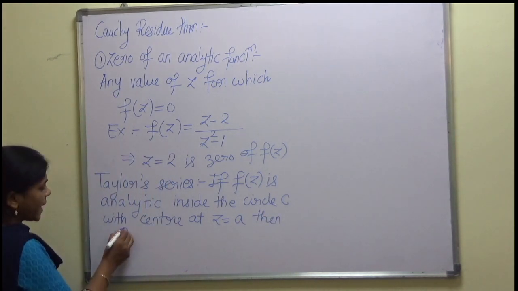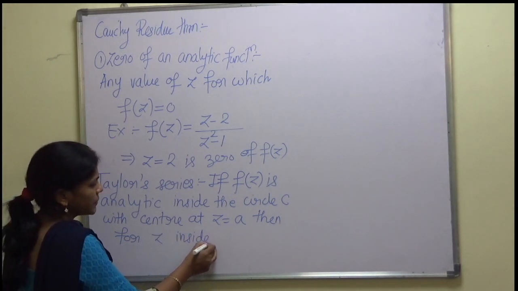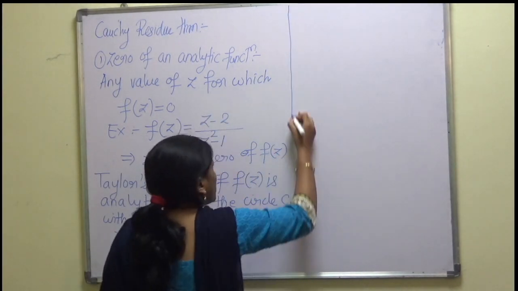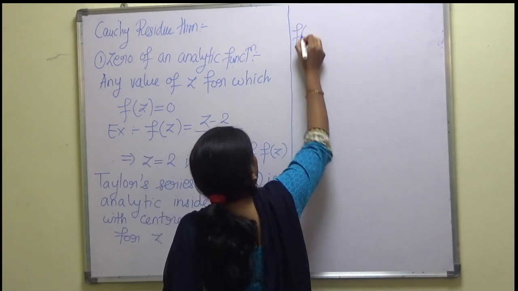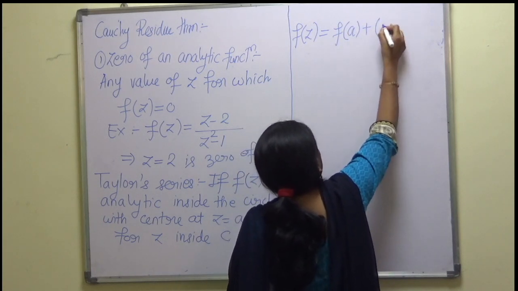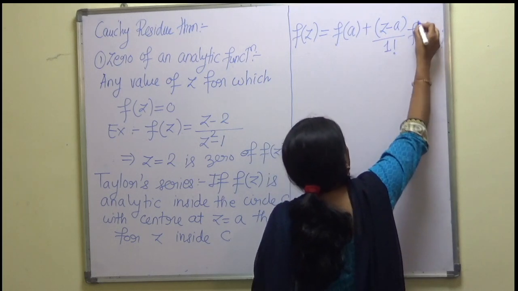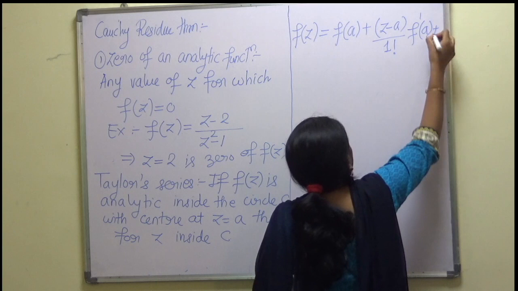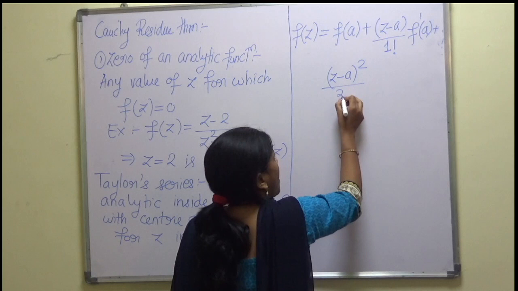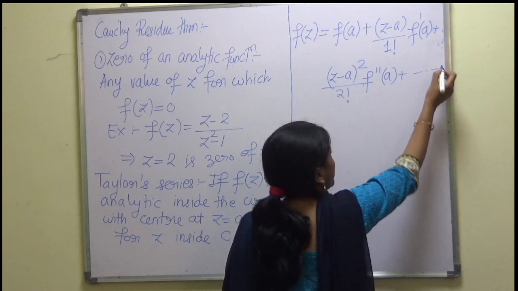then for any z inside C, we have f of z is equal to f of a plus z minus a upon 1 factorial f dash of a plus z minus a whole square upon 2 factorial f double dash of a, and so on.